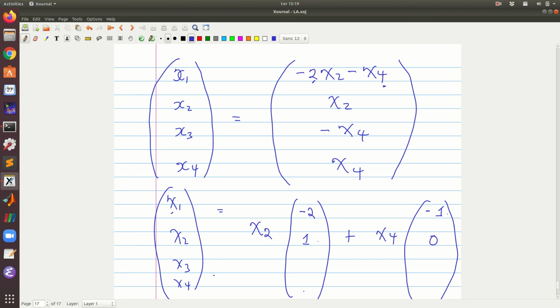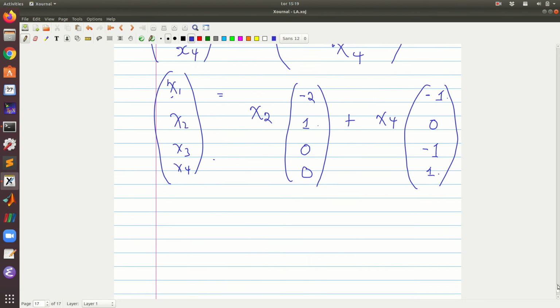Then x4 is x4, the coefficient here is 0, and then here it is 1. And then x3 equals negative x4, it has no x2, so this is negative 1 times that. So this is what we call the general solution.